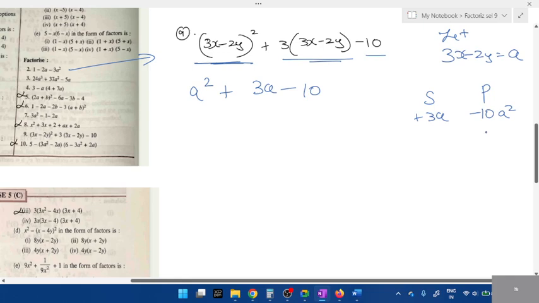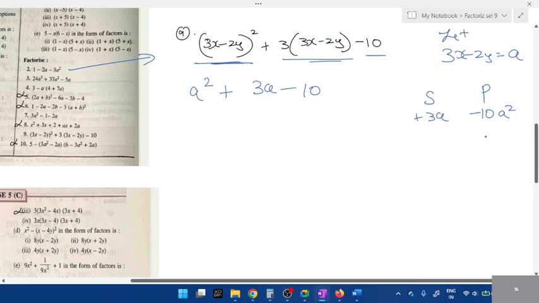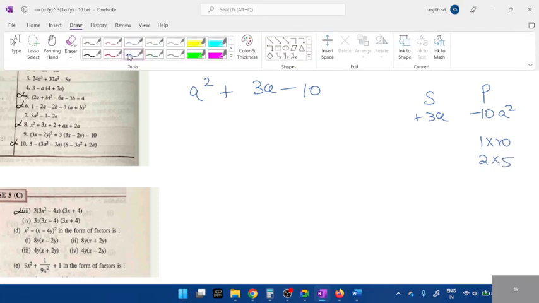Anna, did you go through yesterday's class, Anna? What do you write for 10, students? 1 into 10 and 2 into, yeah, which combination gives 3?